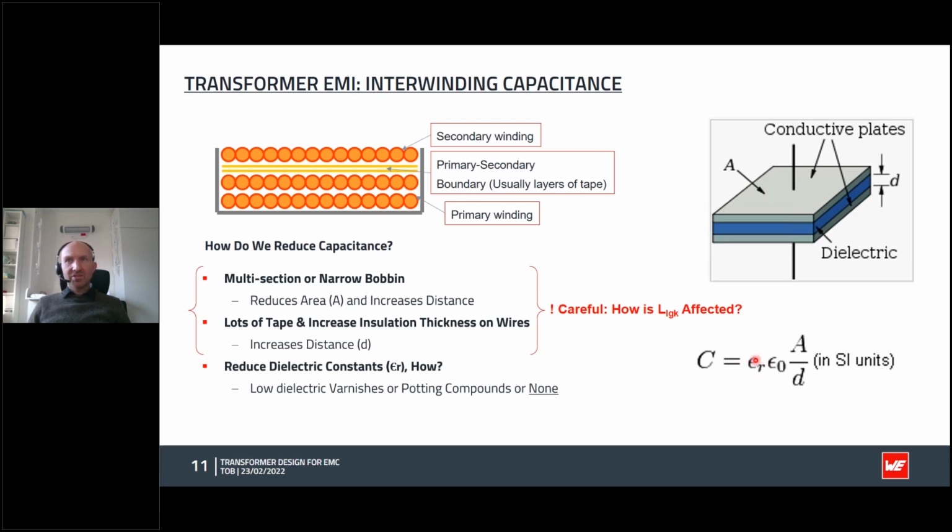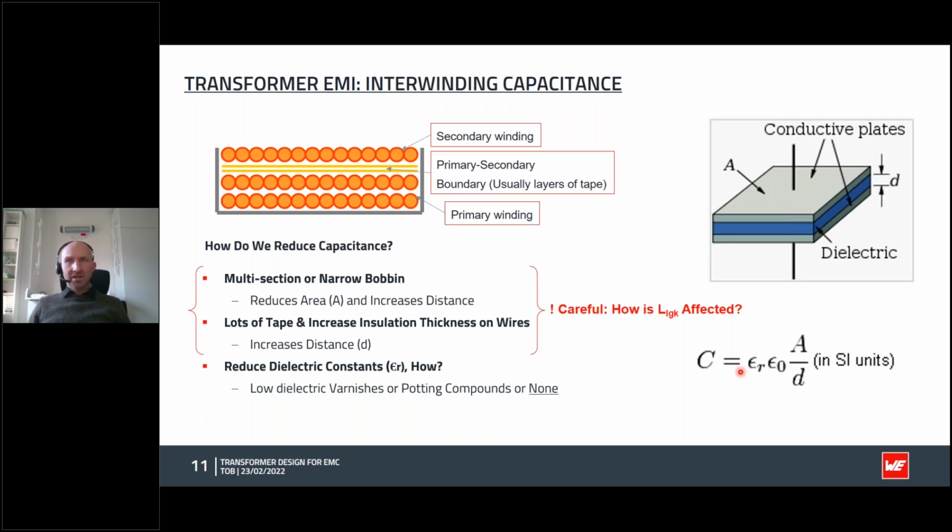One maybe nice way to reduce the capacitance is to reduce this relative dielectric permittivity. And how can we reduce that? Well, we can use very low dielectric varnishes or potting compounds. If we were to varnish the whole transformer or pot the whole transformer, we could pick compounds that have a relatively low dielectric constant, or even better, use none.